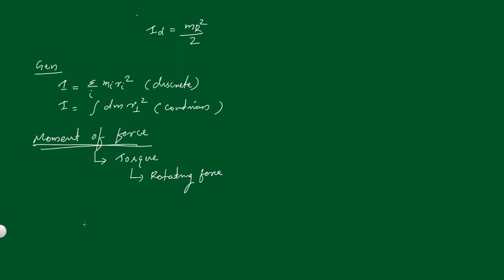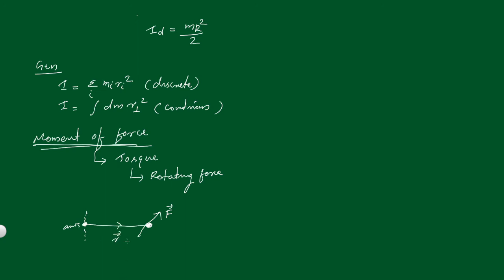Suppose there is a rod fixed at some axis, and on this mass point we are applying a force F, and this is the R vector.